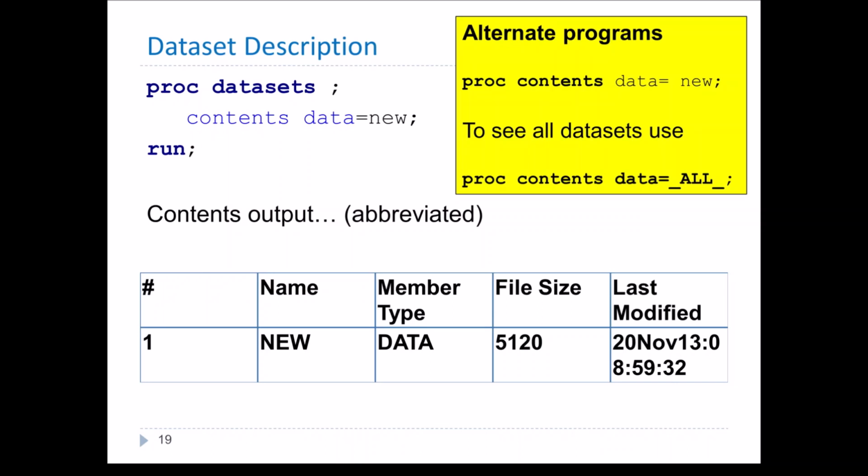So when we run this program, it's going to give us this information. Notice here the first variable is named new. It's a member type data. The file size 5120. Last modified, in this case, 2020. I said the variable is named new. The data set is named new.